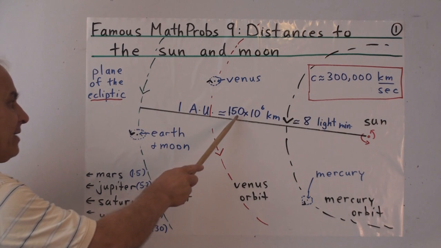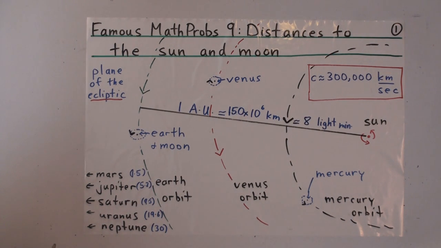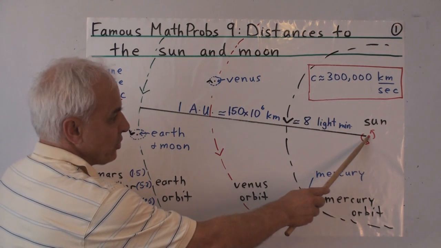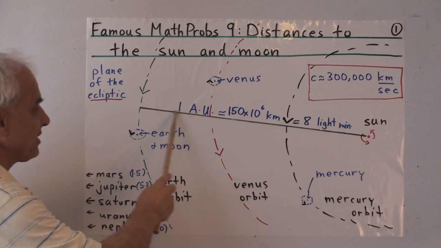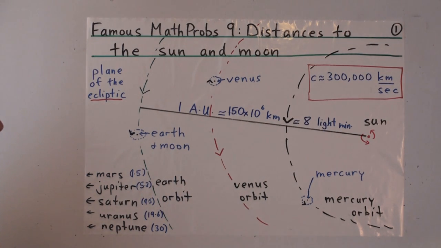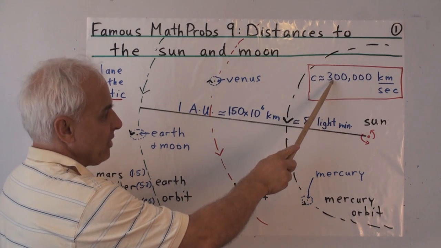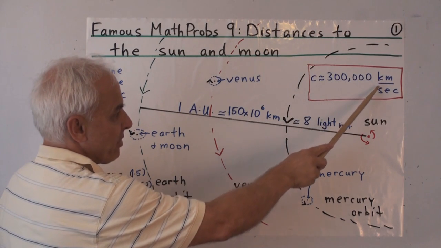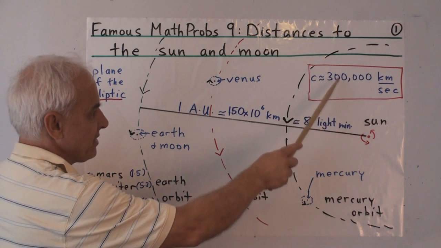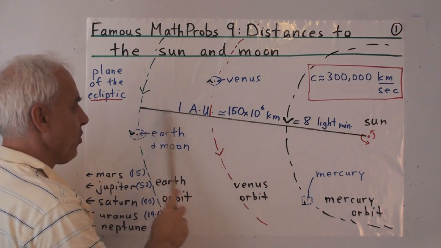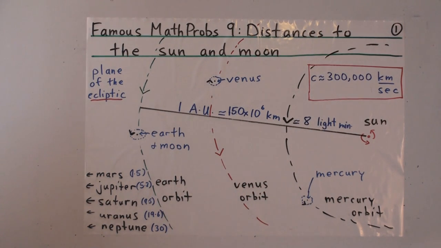So this would be slightly less, probably about 100 million miles. That's also 8 light minutes, so it takes a photon of light 8 minutes to make this journey. Light travels at the speed of 300,000 kilometers per second. And you can compute that in 8 minutes at this speed, you're roughly going to go this distance.